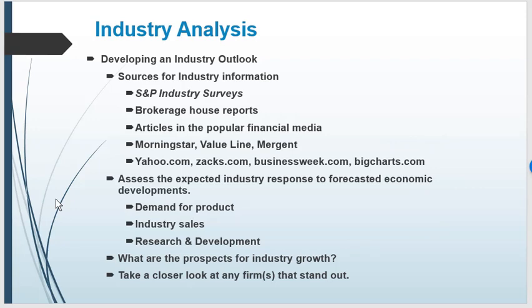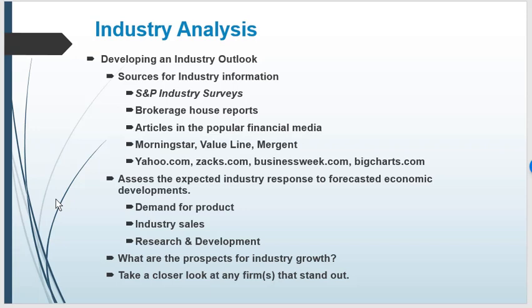So we can get information from lots of places. Well, the S&P industry surveys, we can go to Yahoo Finance, Morningstar. There's lots of articles and places where we can get information about an industry.